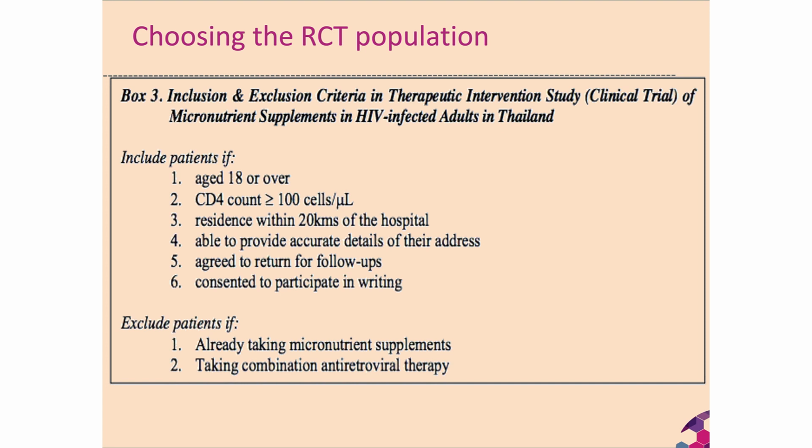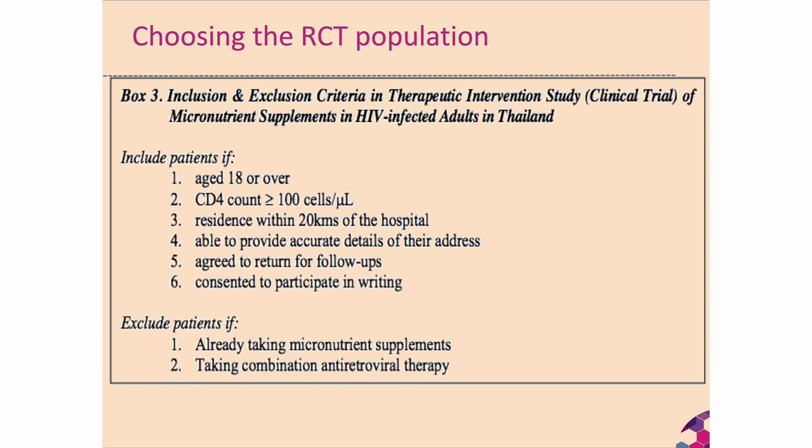So you can see here that they need to live near hospitals because that's where the therapeutic intervention will take place, and the researchers want to know where people live, again to track them and to understand their socioeconomic background. And they are excluding participants who are already taking vitamins. And again, that makes sense.